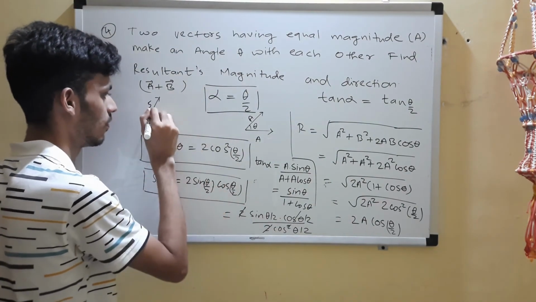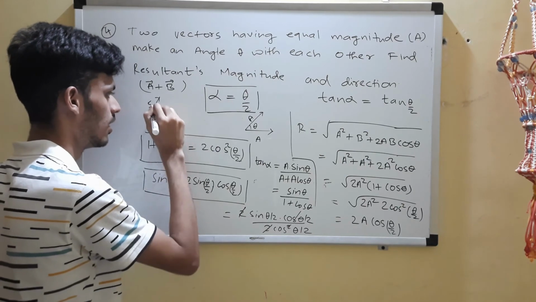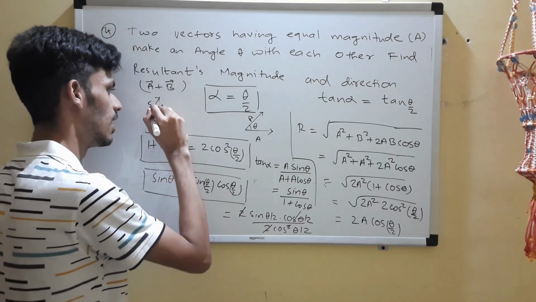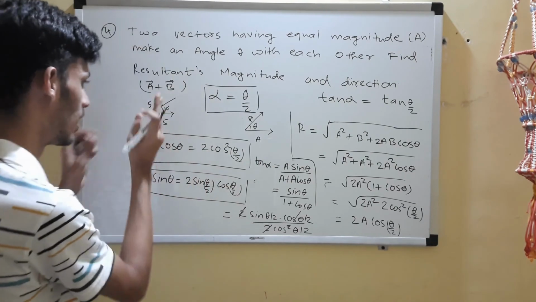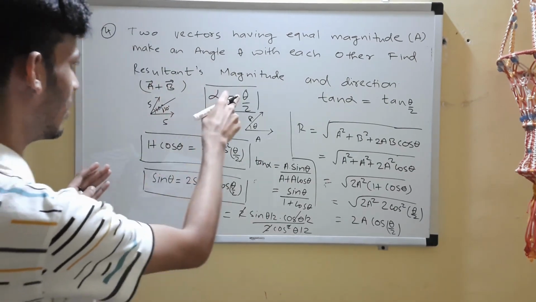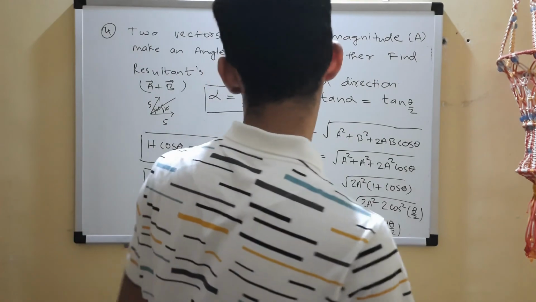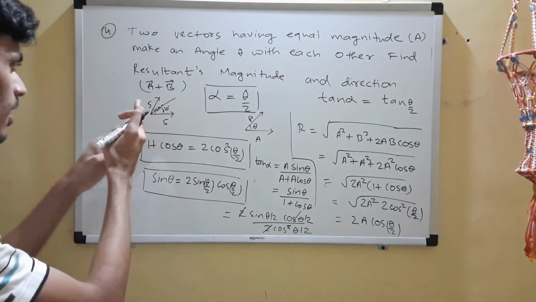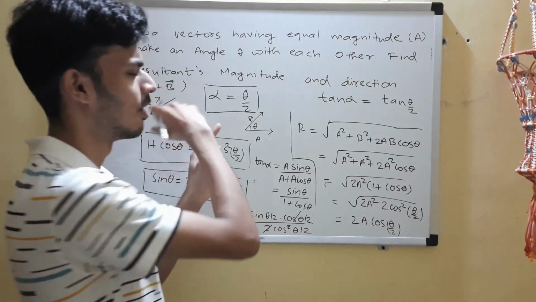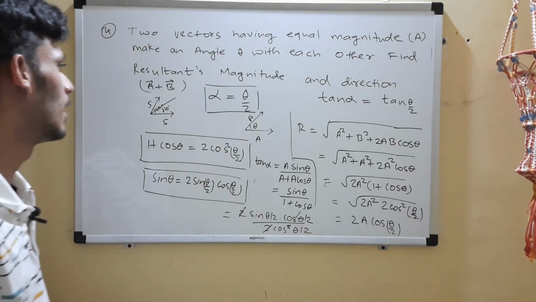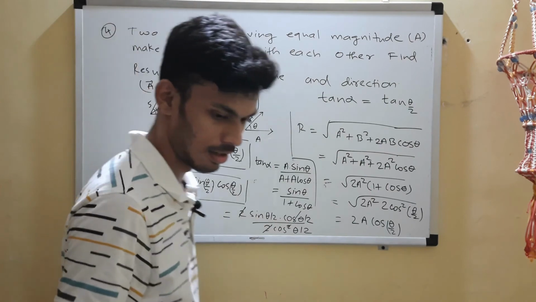The first question 5 and 5, and this was 60 degree. So their resultant will actually bisect this angle. This angle will be 30, 30, 30, right? It will be theta by 2, whatever that theta is. In this case it was 60. So the resultant will make an angle 30 degree with the first one and also 30 degree with the other one, right? So this was something very special.